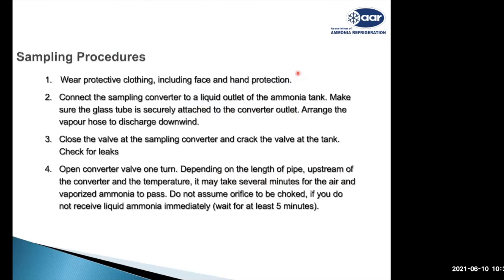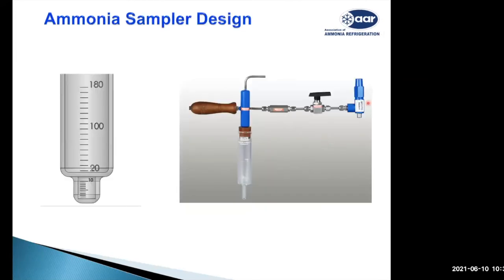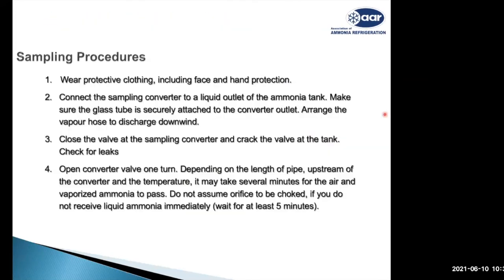Close the valve at the sampler connection, and crack the valve at the tank. That is the tank from which you are taking the ammonia sample. First you close these valves, and then you just crack the valve which is connected to the drain point, and make sure there are no leakages.